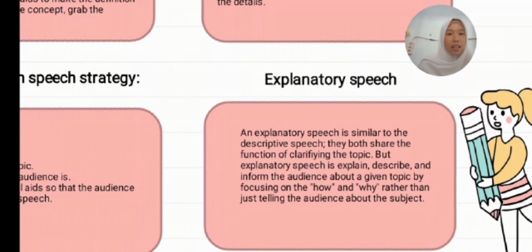And I find explanatory speech strategy. First, choosing a topic. Second, gather information. Third, organize the information. Fourth, why does it matter? Fifth, the source of knowledge. Sixth, the right way. And the last one, summarize.